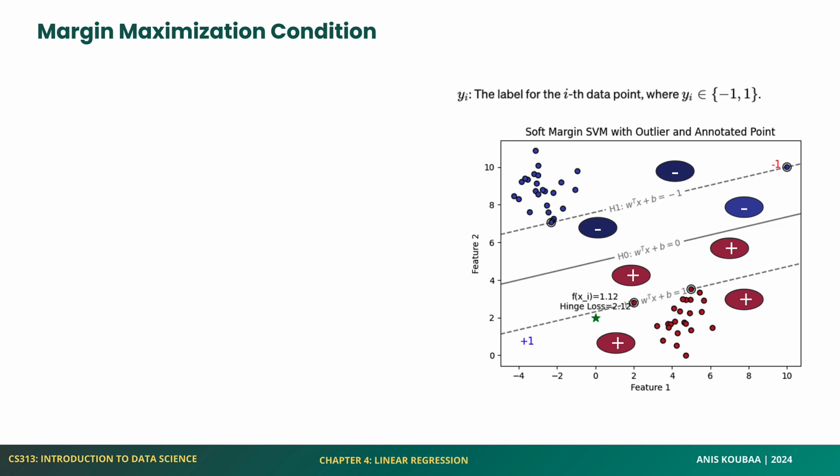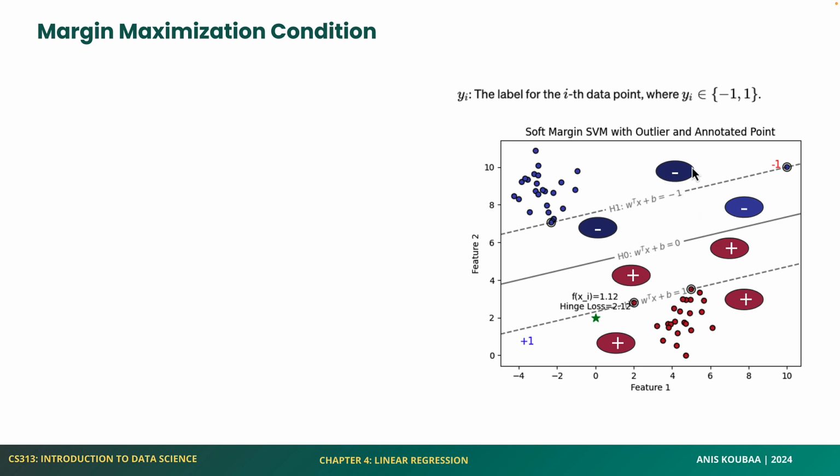What is the margin maximization condition? If I classify correctly with respect to the margin, what are the correct points that are classified here? With respect to the margin. The closest one to the margin. Is this point correctly classified? This one? No. This one?